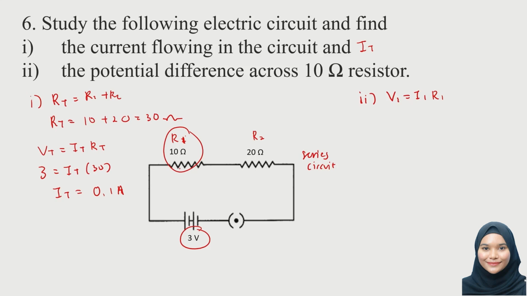No, we don't know. But we know this is a series circuit, so they share the same current. So the total current is the same as the current that flows through resistor 1 and resistor 2. Therefore, the current that flows through resistor 1 is 0.1 ampere. So that's 0.1 and the resistance of resistor 1 is 10 ohm. So we will get an answer of 1 volt.